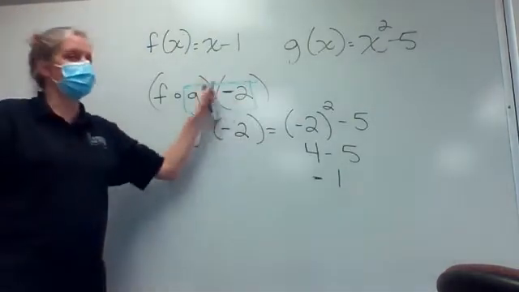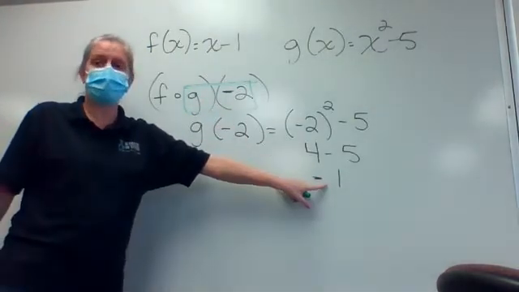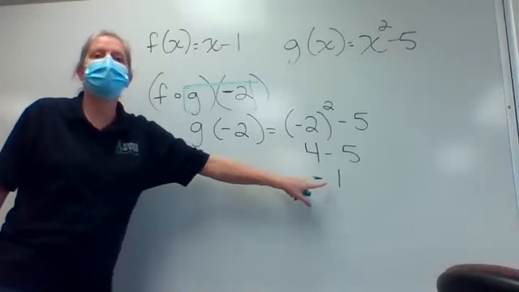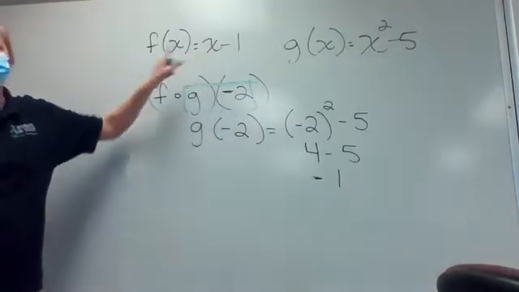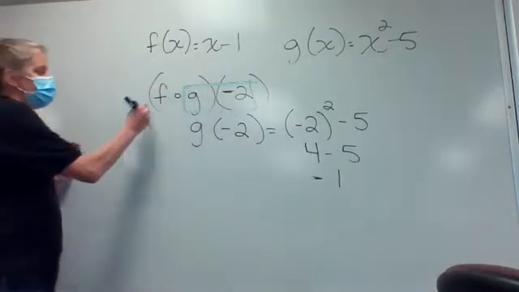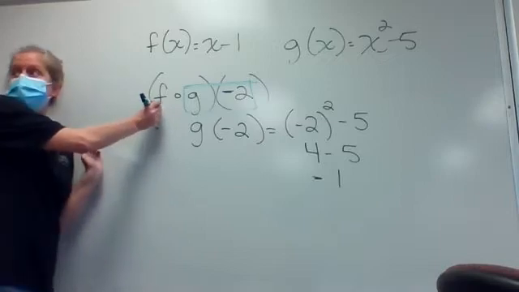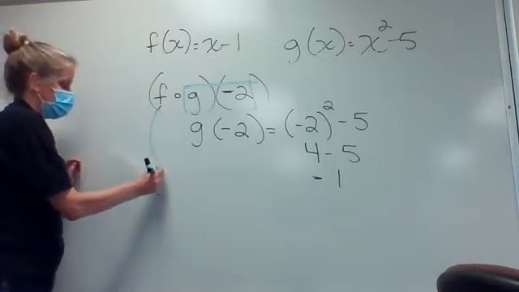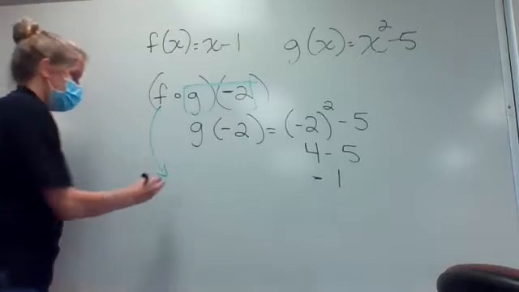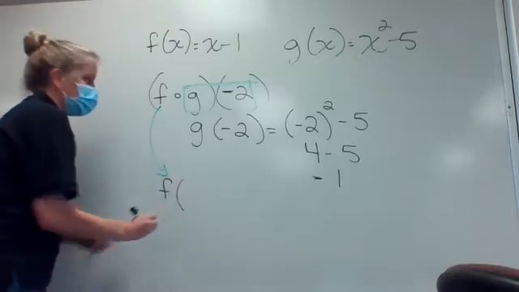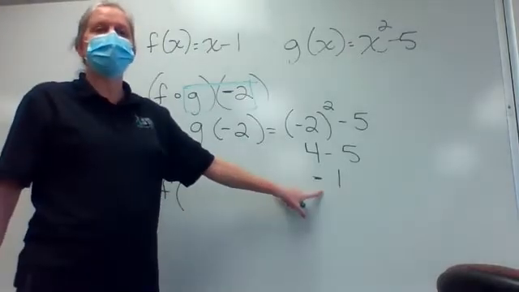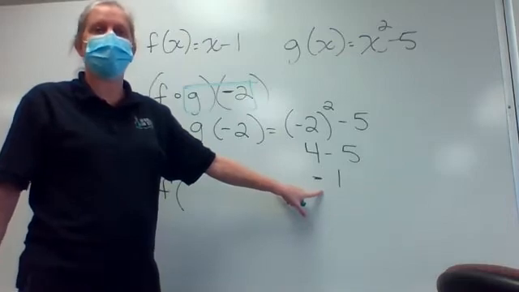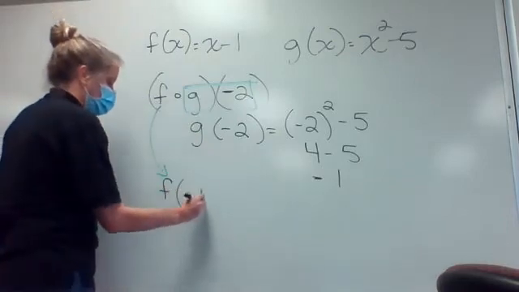So you'll find what's in this position first, get an answer, and plug that answer into the other. In other words, you bring this f down, and you're finding f of what your last answer was. So in this case, negative 1.